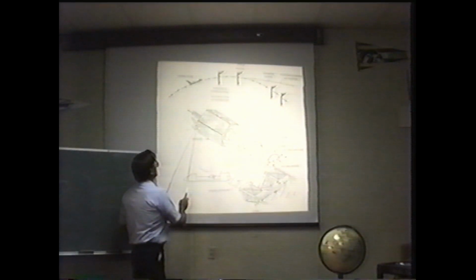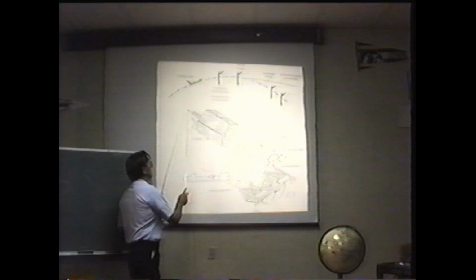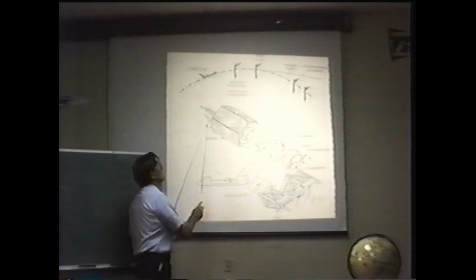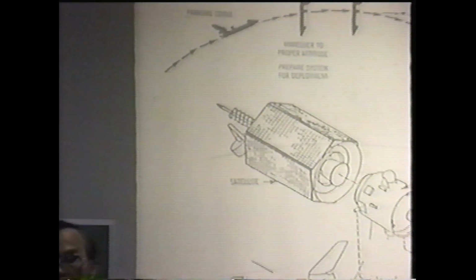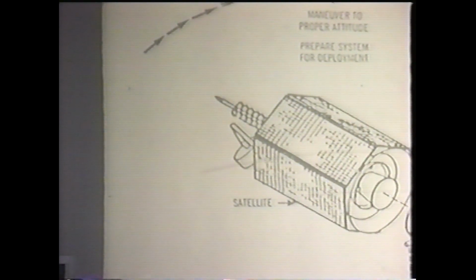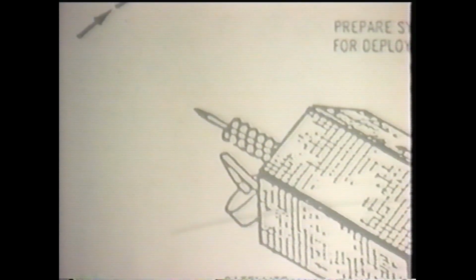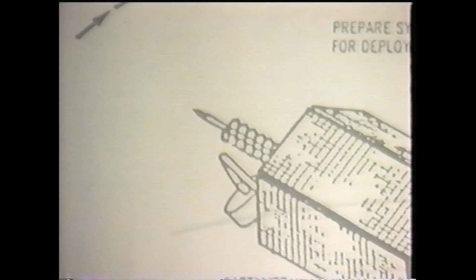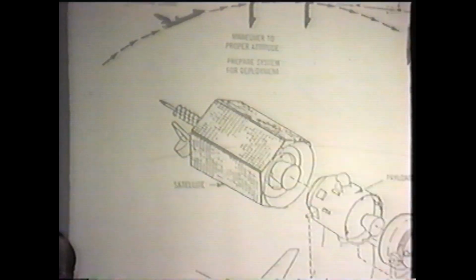Also, you have an antenna system. You have an antenna system that is used to collect the signal, and then an antenna system that allows you to rebroadcast the signal back to Earth. We do this by the use of a transponder. A transponder is a device that allows you to receive a signal at one frequency or channel and transmit at another frequency or channel.